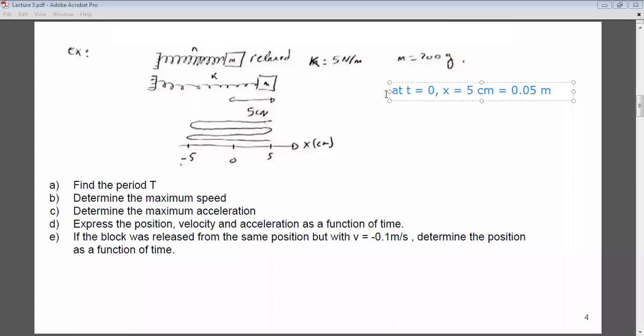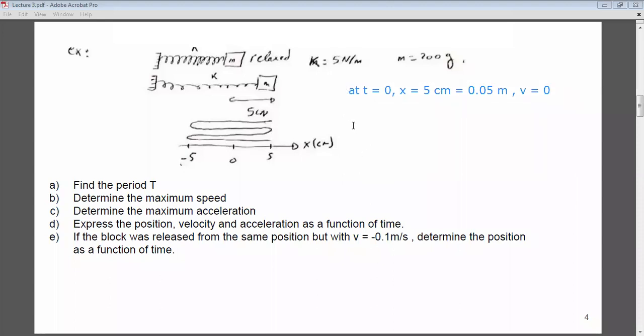Okay, and how much is V at t equal to 0? If it starts from the amplitude, V is 0, right? Starts from rest here, then goes to V maximum, 0, V maximum, 0, etc.